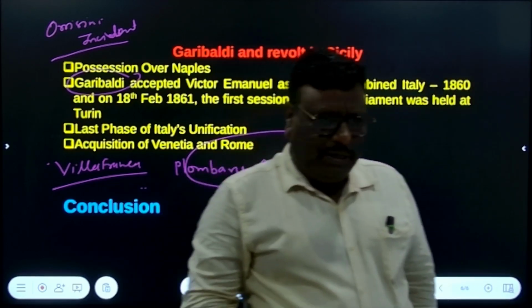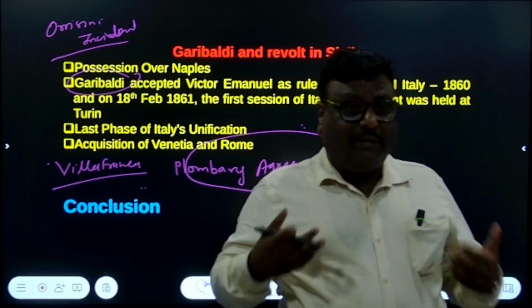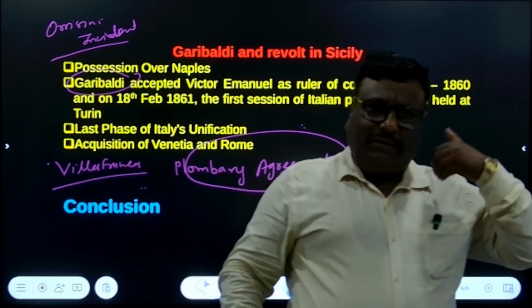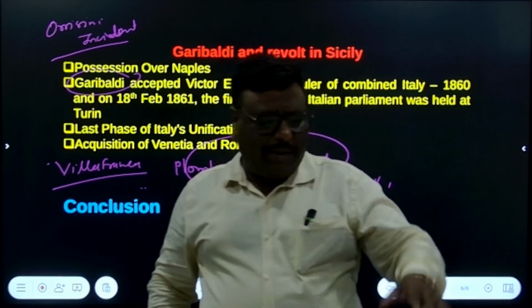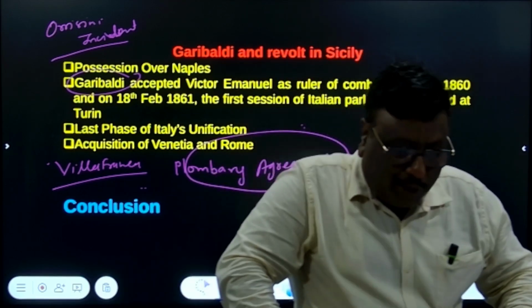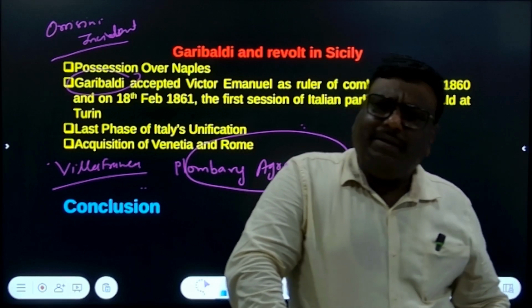The revolt in Sicily erupted, and the army of Sicily was defeated by Garibaldi. Garibaldi, in fact, conquered Naples, Sicily, Venetia.